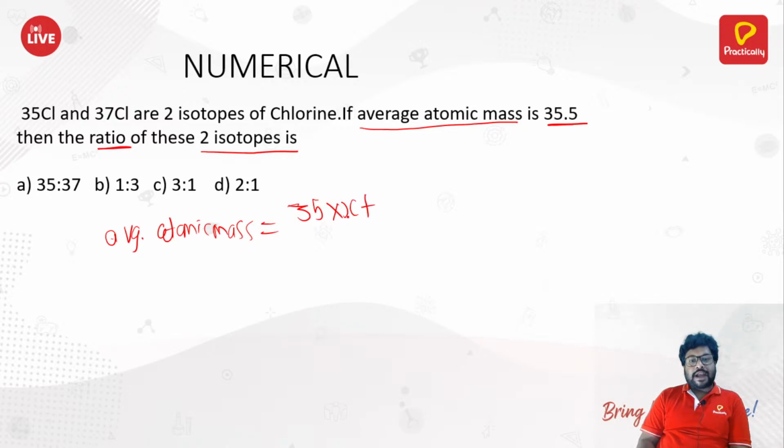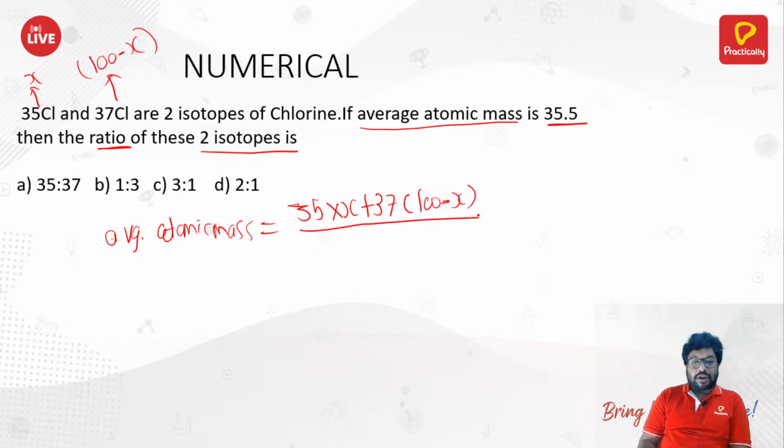So if the 35 one is X, the 37 one would be 100 minus X. Whatever the X comes, it will be 100 minus X. So 37 into 100 minus X, divided by X plus 100 minus X. X gets cancelled, divided by 100. Total percentage is 100. That is what the formula is.